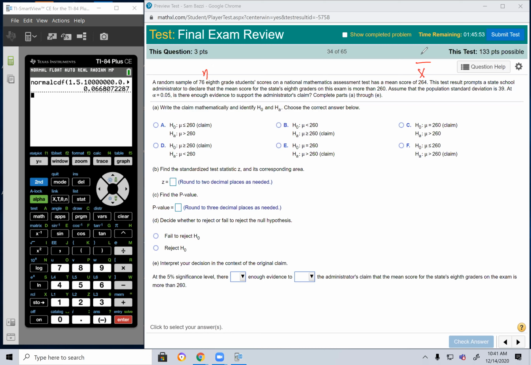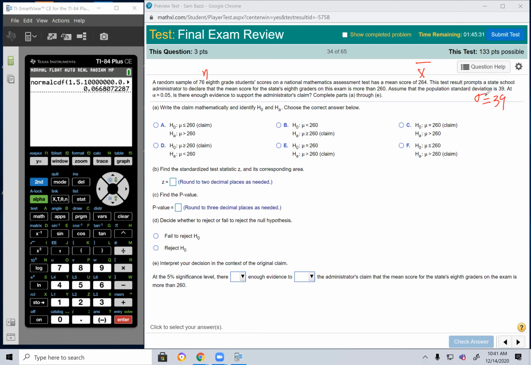This test result prompts the state school administration to declare that the mean score for eighth graders on this exam is more than 260. They make a claim that it is more than 260. Assume that the population standard deviation sigma is 39. You see, guys, he says sigma. At alpha equal 5%, is there enough evidence to support the claim?